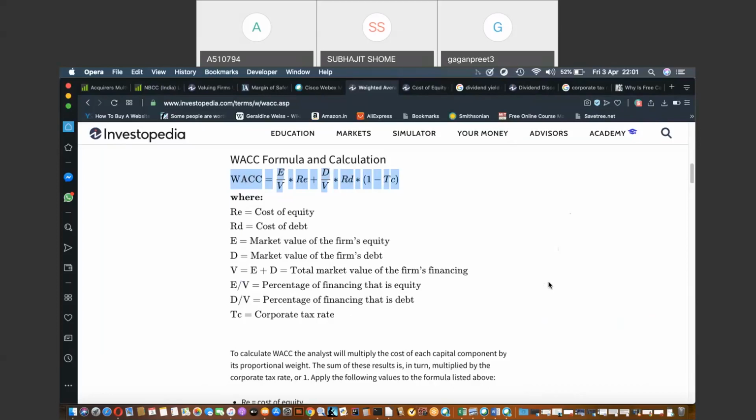Okay. 180 crore, remember? Yeah. Market cap, right? Yeah. Actually, then intrinsic value per share.